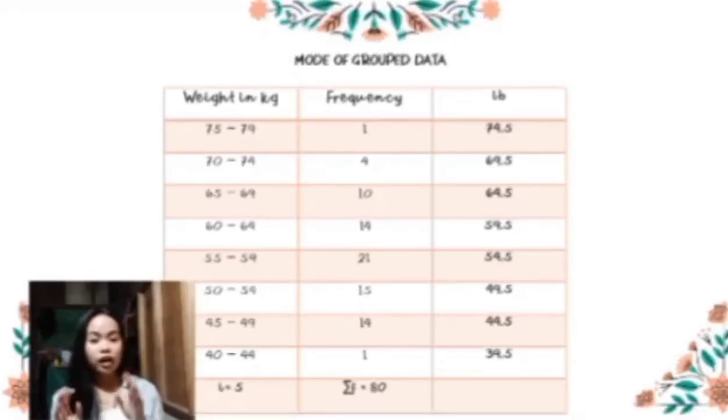Next, we have our LB, which is the lower boundary. To get the value of the lower boundary, we need to subtract 0.5 from our lower limit.